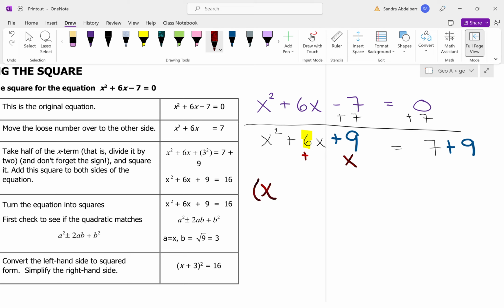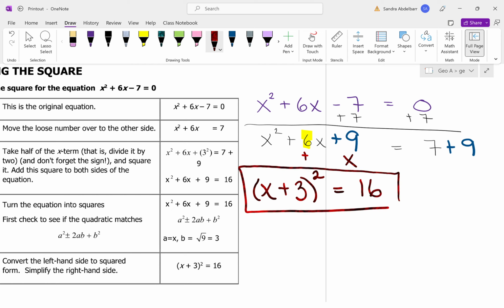Can somebody tell me what two numbers multiply to +9 but add to +6? 3 and then another 3. So wouldn't this be factored x plus 3 and then another x plus 3? Or we can write it as x plus 3, the quantity, squared, equals 7 plus 9, which is 16. We have now just completed the square. We're going to practice this. It's just about memorizing the steps.